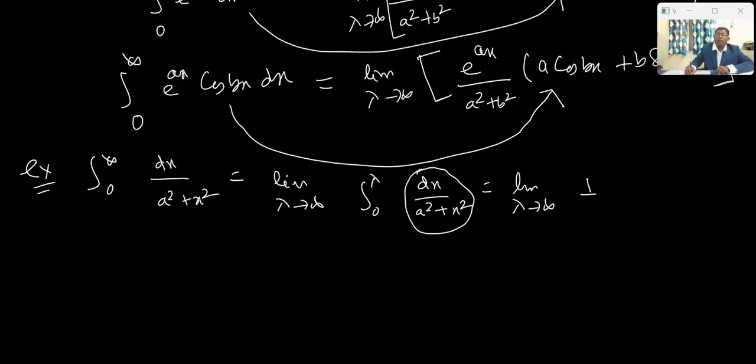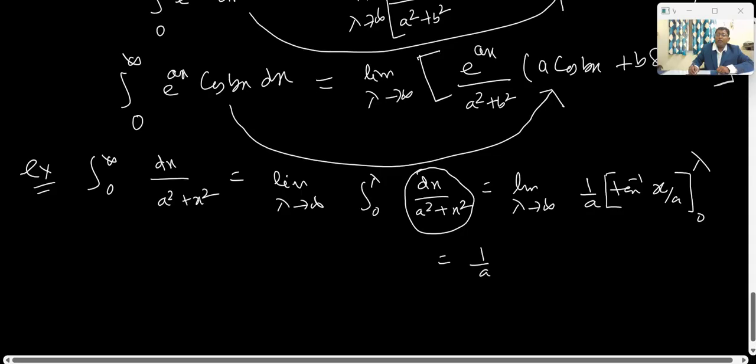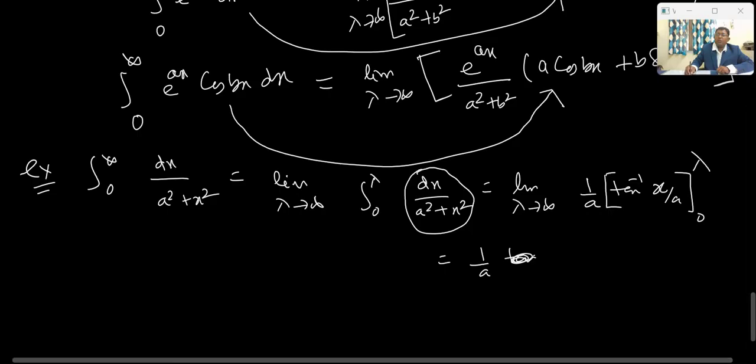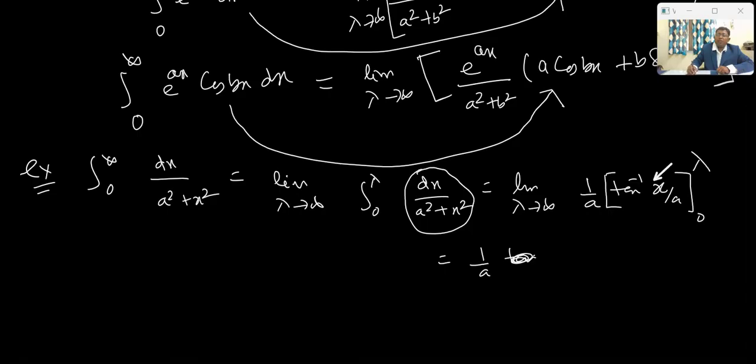The integration is 1 by a tan inverse x by a, is it not? Here the limit is from 0 to lambda, so this equals 1 by a tan inverse lambda by a. Tan inverse infinity will give you pi by 2, and tan inverse 0 will give you 0. So this is pi by 2a, and therefore we say this integral converges to pi by 2a, right?